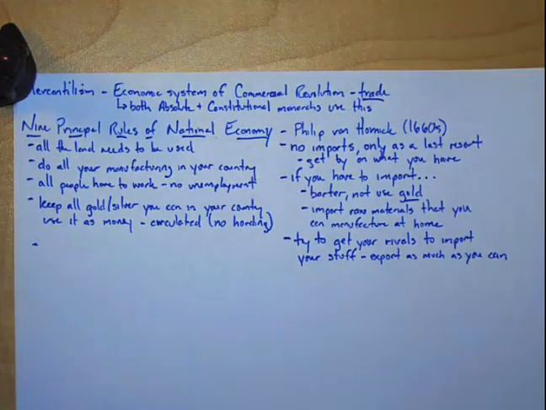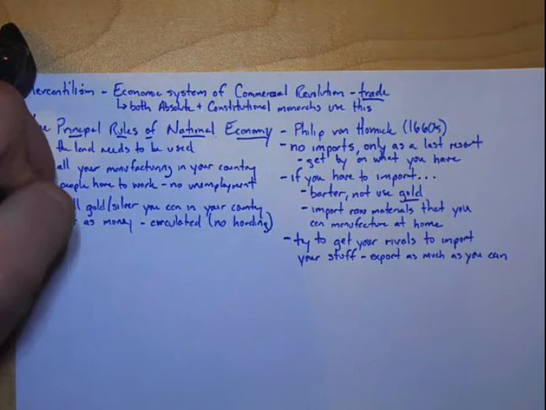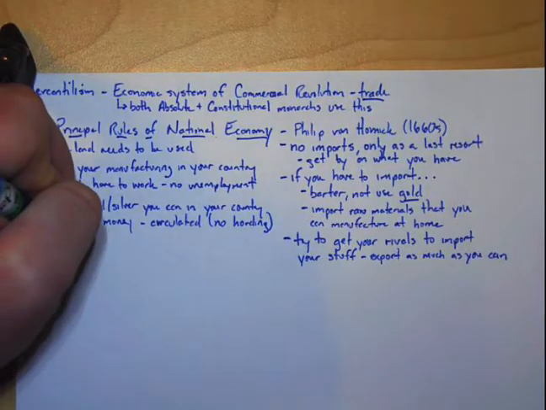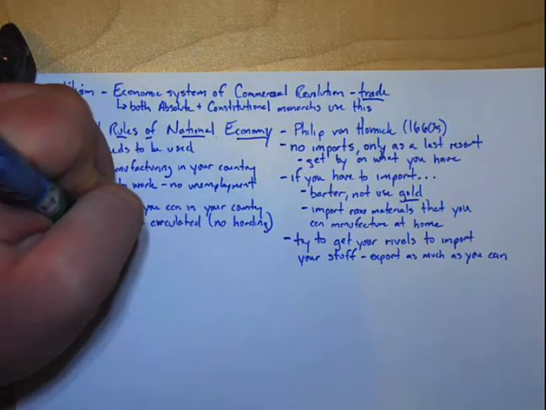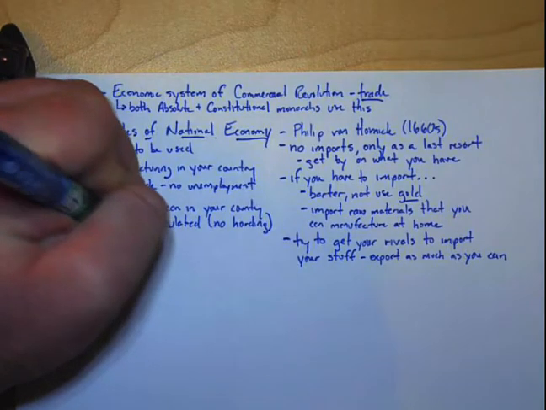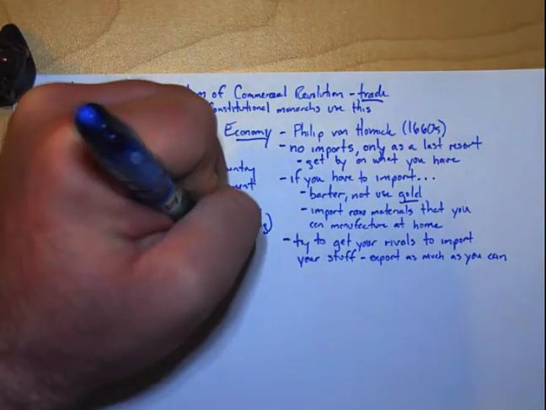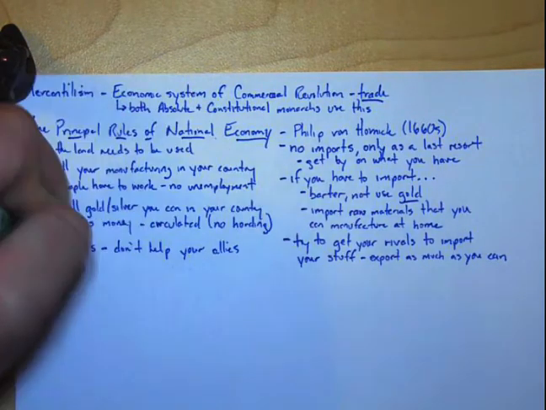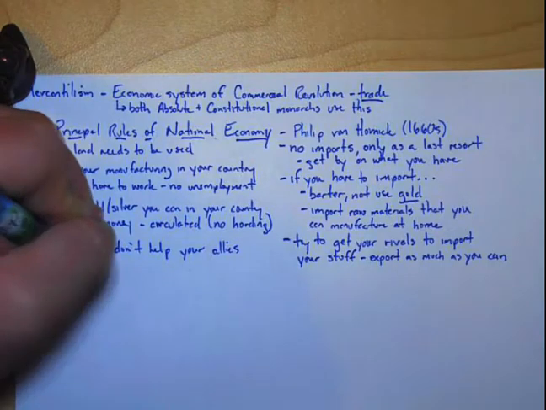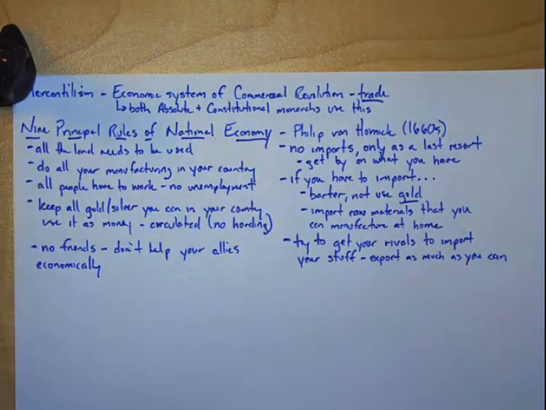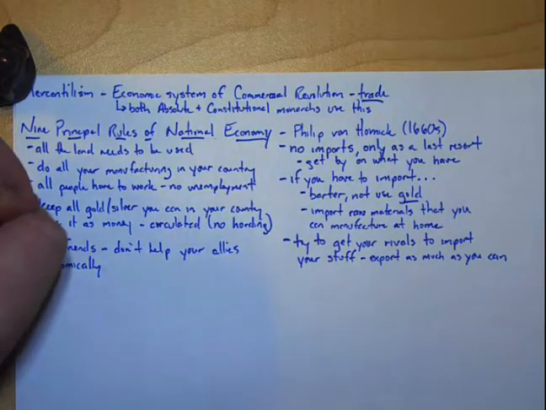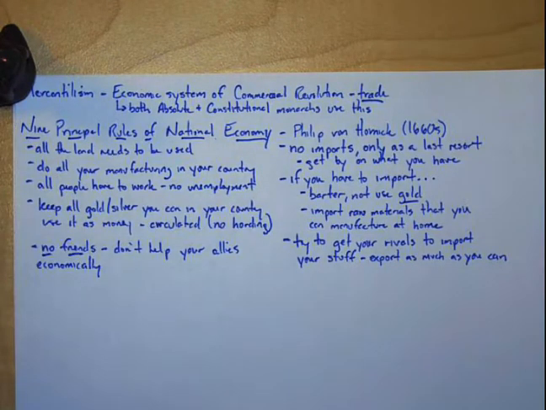The last rule is you have no friends. Don't help your allies economically. So don't import anything from them because you feel bad. When it comes to your economy, you have no friends.